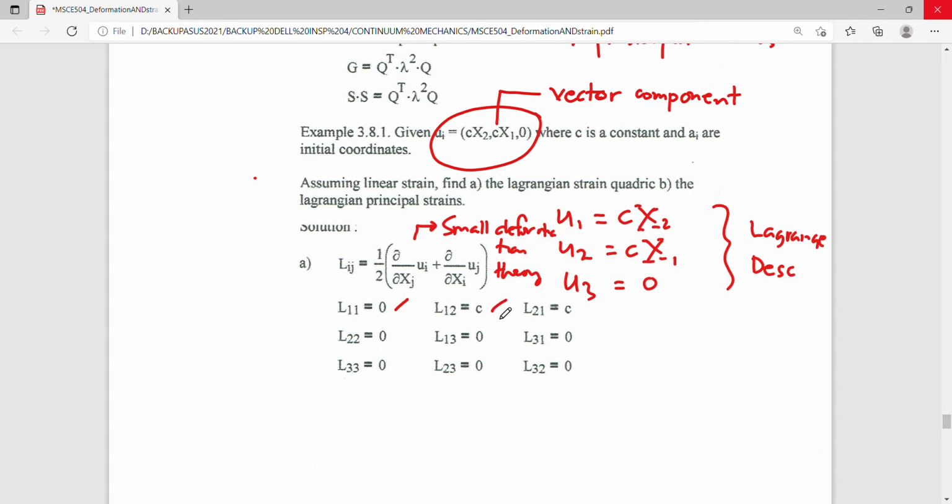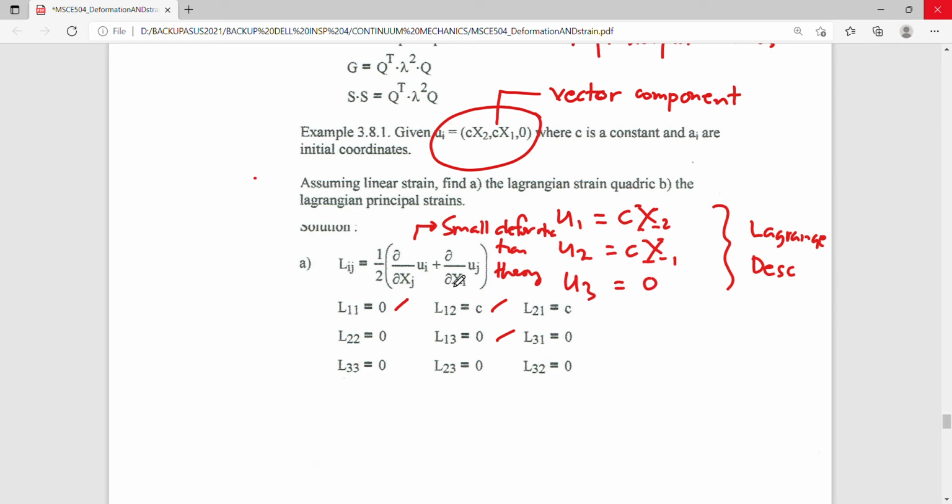And if I have an L13, what's the partial derivative of u1 with respect to x3? So that's 1, 3, it's 0. And so on and so forth.